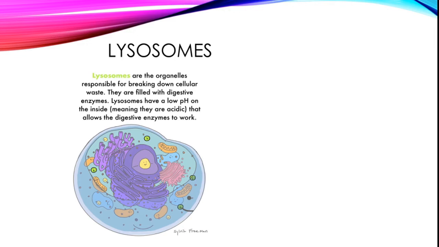Lysosomes are the organelles responsible for breaking down cellular waste. They are filled with digestive enzymes, which help in intracellular digestion. Lysosomes have a low pH on the inside that allows the digestive enzymes to work for the process of digestion.